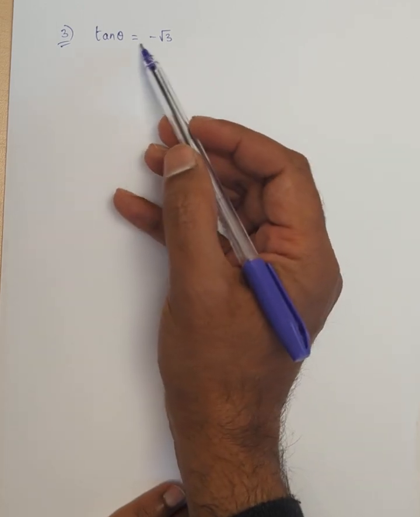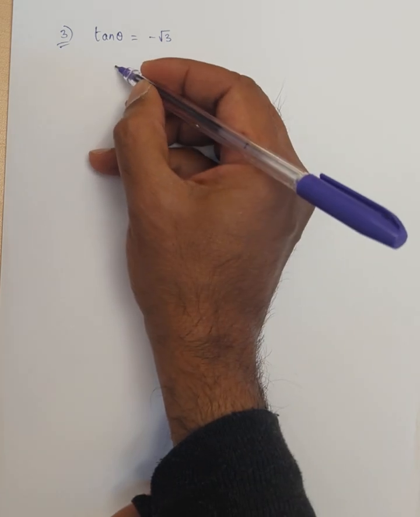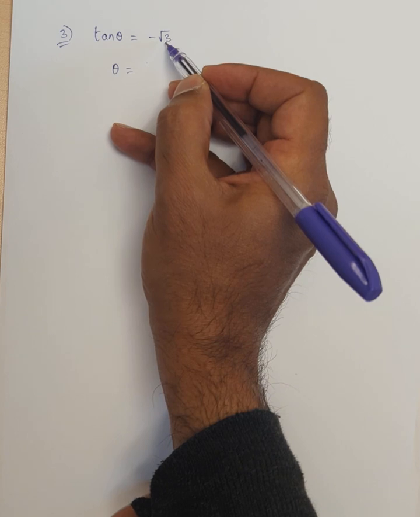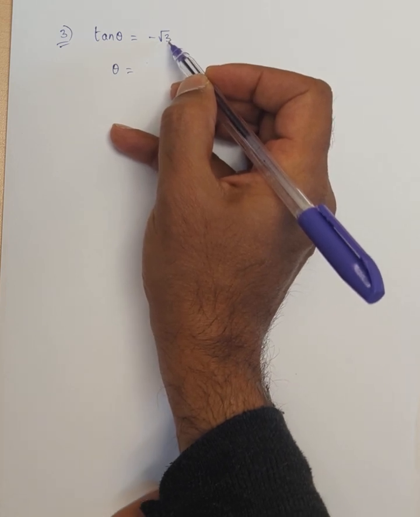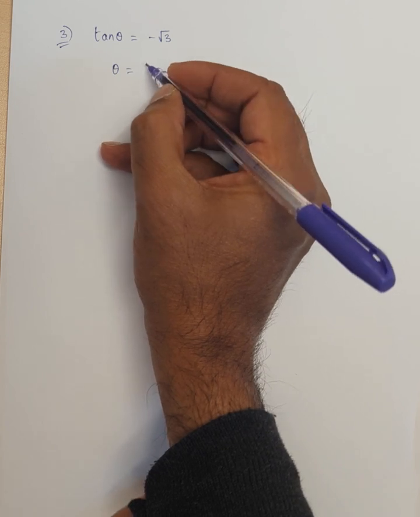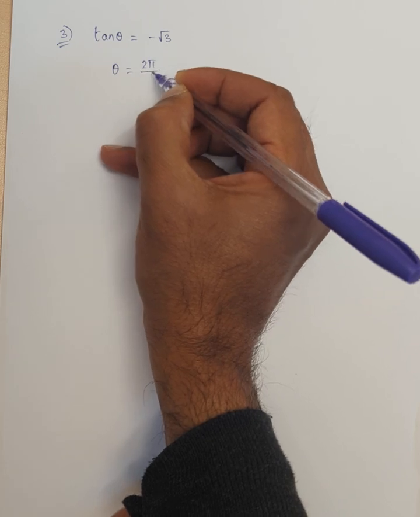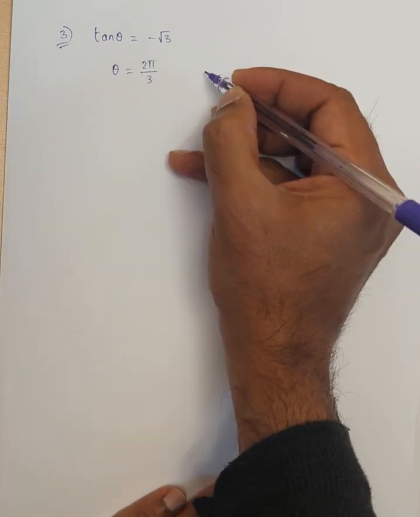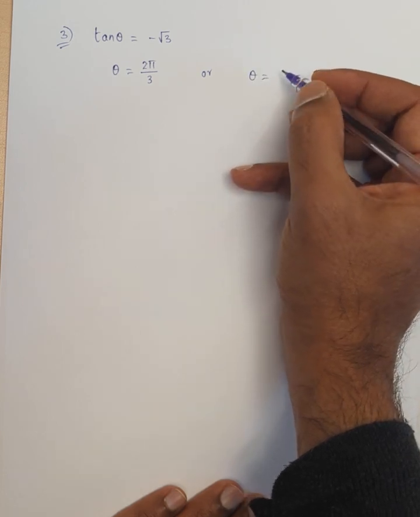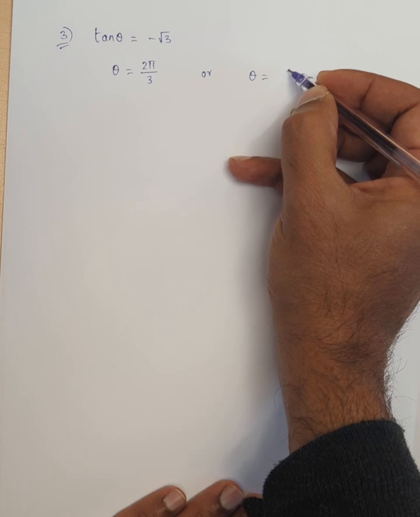Now tan is negative in the second and fourth quadrants, and from the unit circle, we know tan theta is negative root 3 in the second quadrant at this particular angle. And again, I need the angles in radians. So 2 pi over 3, and then this is at 5 pi over 3.